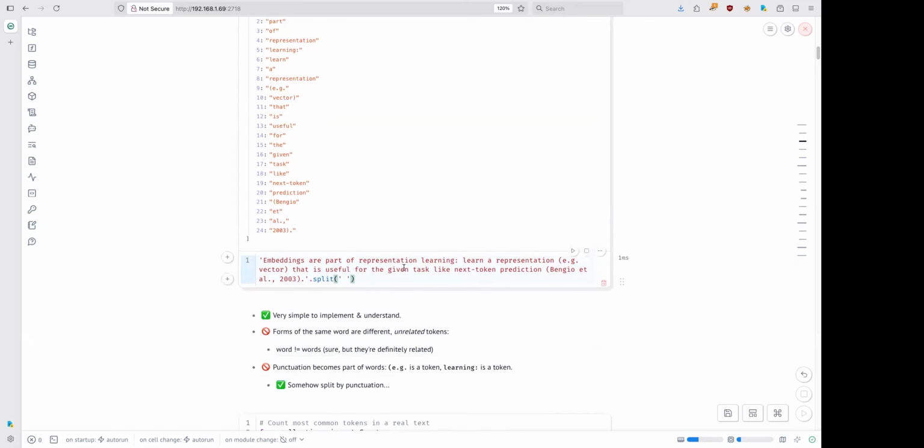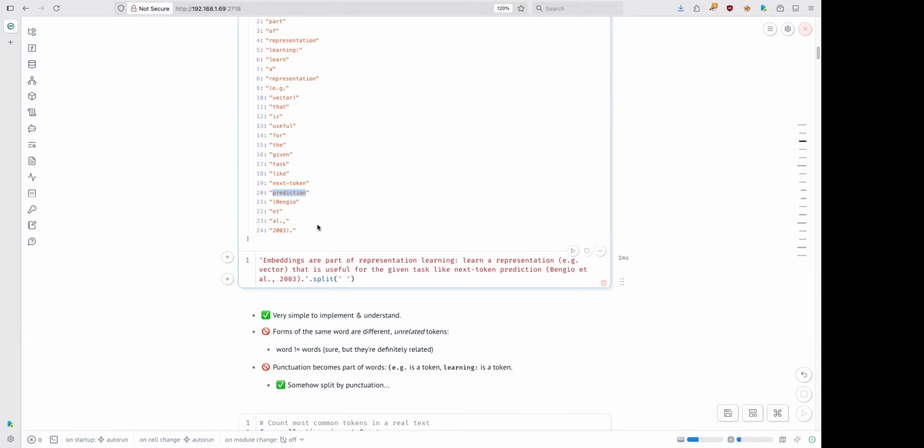Again, as we see, it's extremely easy. It's one line of code, very simple to implement, very simple to understand. As a human, you see that it usually gives you individual words, so you can interpret this somehow. However, in other languages, perhaps they don't split their text on words. Maybe there are languages like that, so it may not work for all the languages out there.